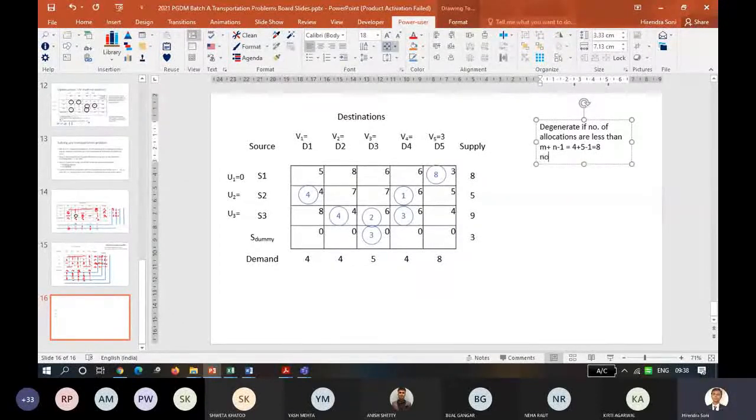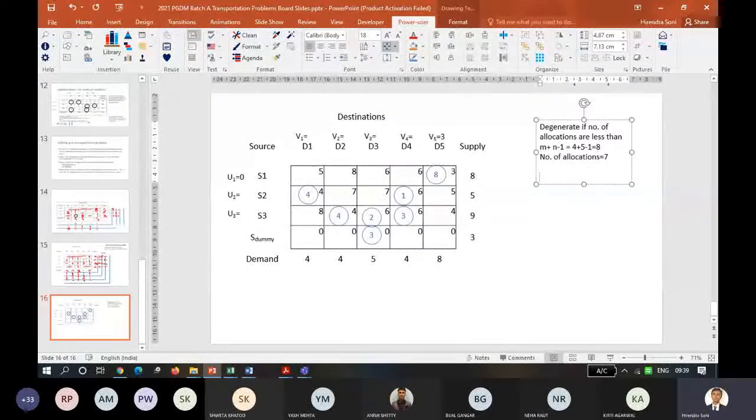What is your number of allocations? 7. Number of allocations is 7. So that means this is a degenerate solution. And in case of a degenerate solution, we need to include epsilon. Correct? Yes, sir.